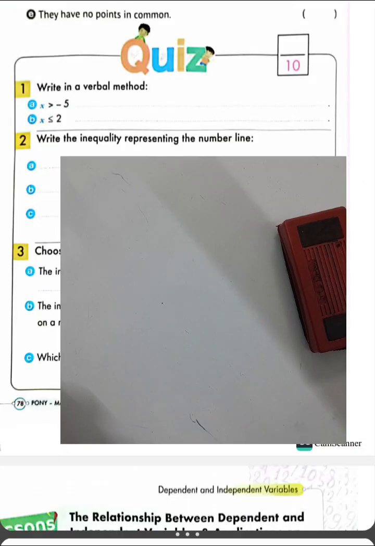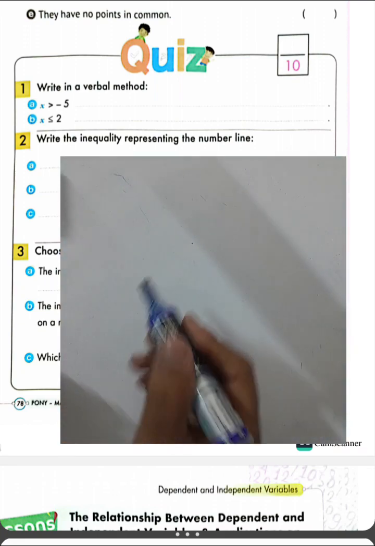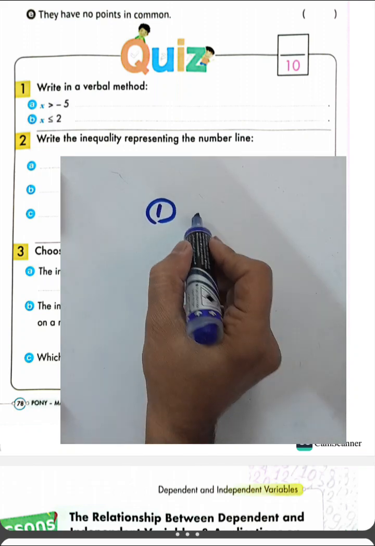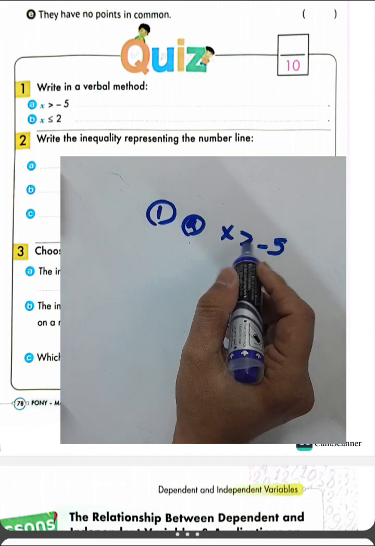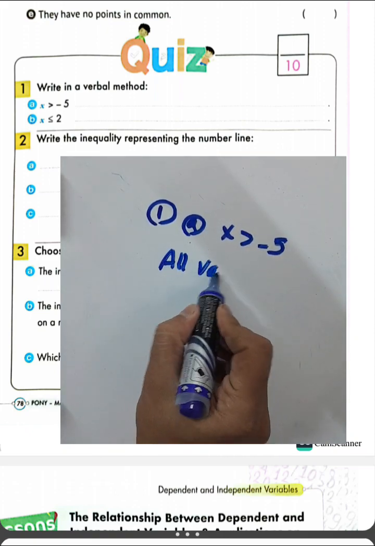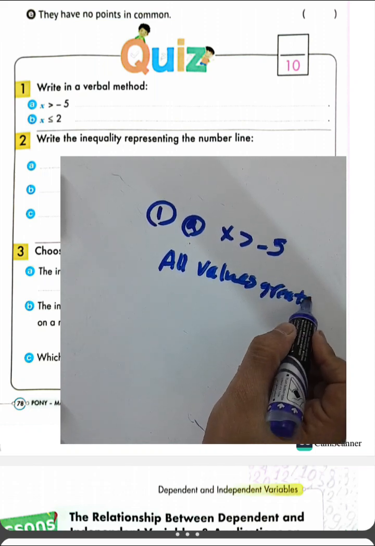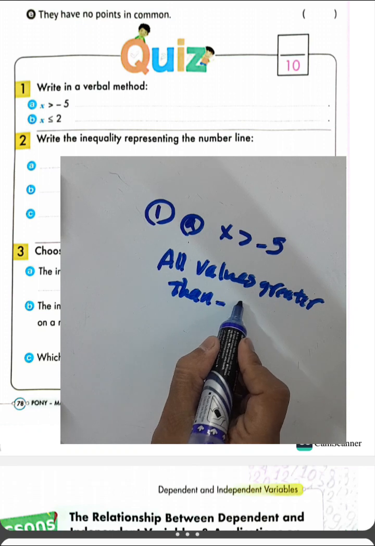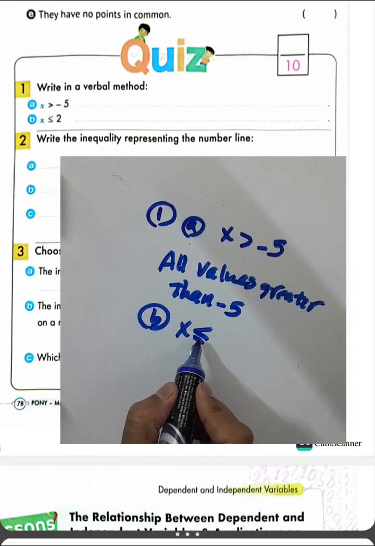Page 78. Number 1. Write in the verbal method. Letter A. x greater than negative 5. We can write all values greater than negative 5. Letter B. x less than or equal to 2.